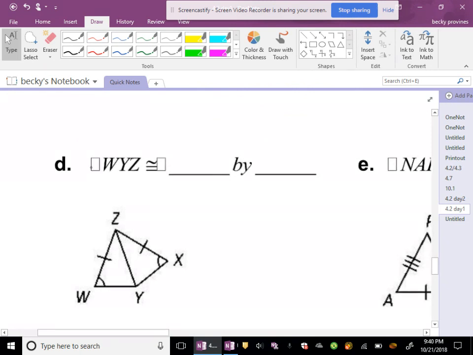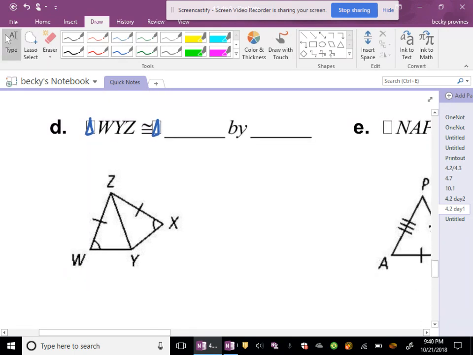All right, so I'm going to make these triangles. Again, is there any hidden information in this picture? And there is. So we have 3 pieces of information, so that's what we need. Does it follow one of the rules at the top or on the front? Again, you have 2 sides and you have an angle.